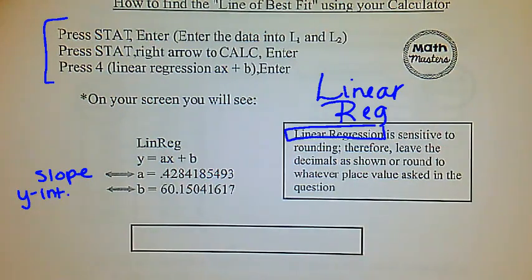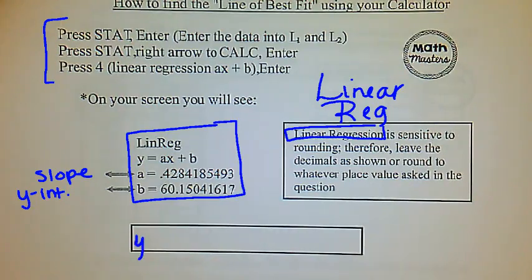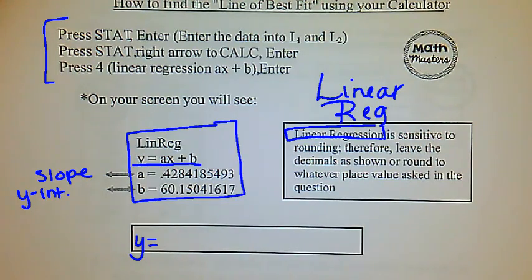So once you do this, your calculator is going to look like this. What you want to do is leave as many digits as are shown unless it tells you to round. Normally it's going to tell you to round, but this one didn't. So we're basically going to rewrite this equation, but for A we're going to put this decimal, and for B we're going to put that one.